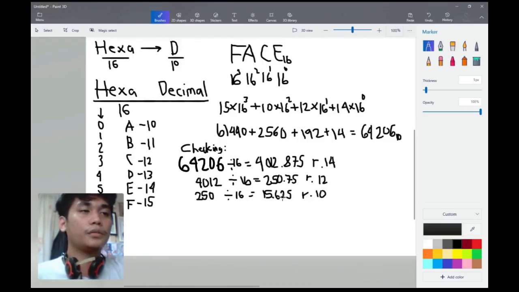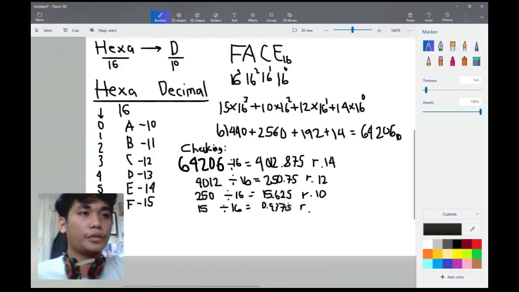You have a remainder 10, and then 15 divided by 16 is equal to 0.9375.